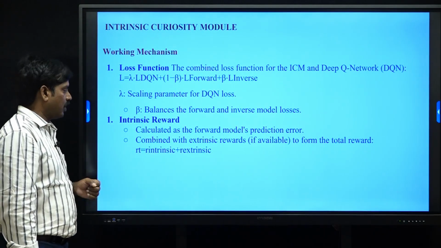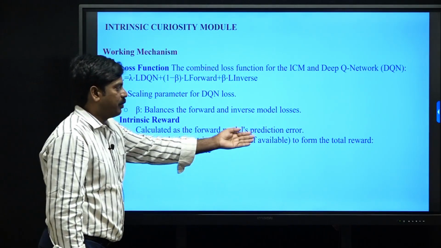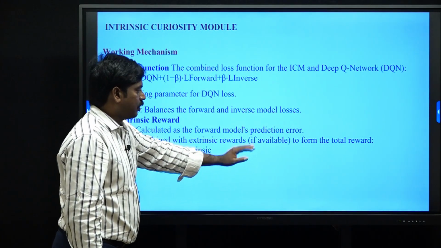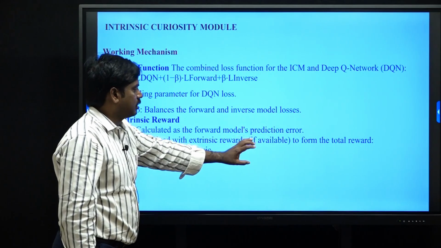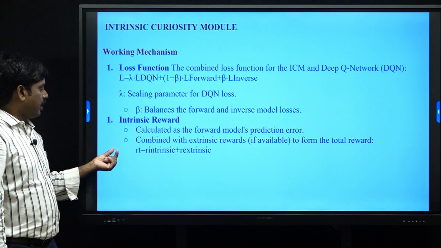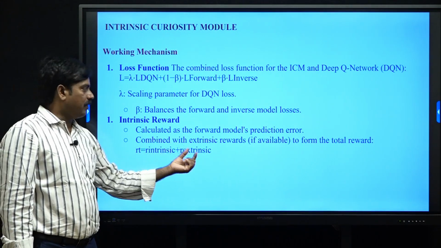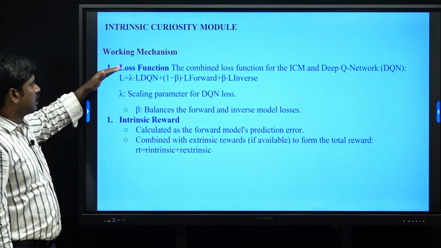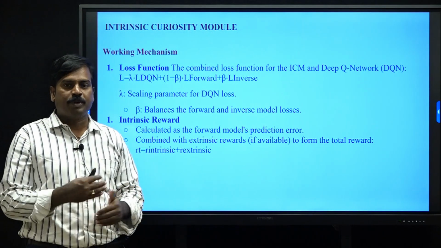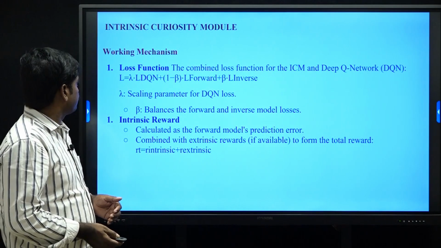The intrinsic reward is calculated as the forward model prediction error and combined with the extrinsic reward, if available, to form the total reward. So the reward is the intrinsic reward plus the extrinsic reward. We use the loss function and the intrinsic rewards to optimize the results.